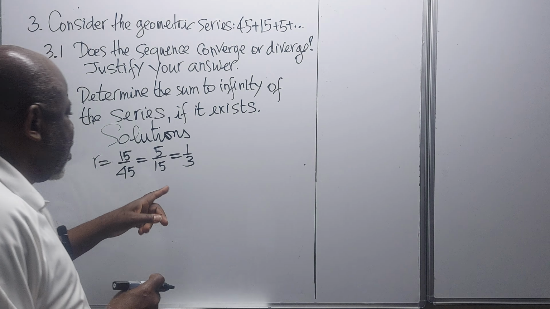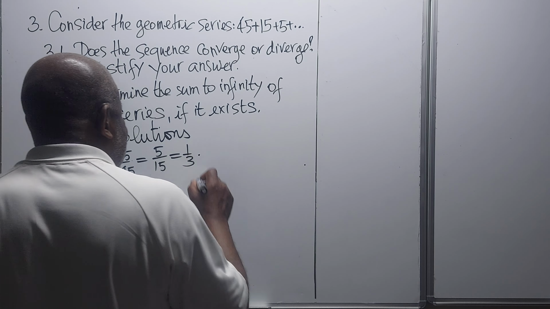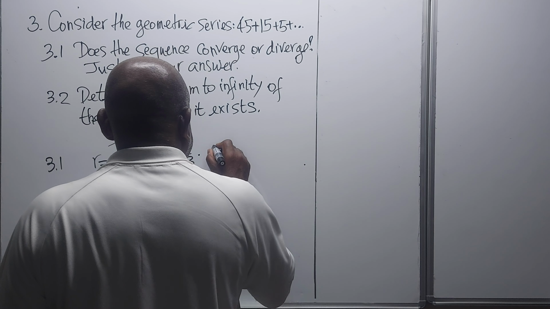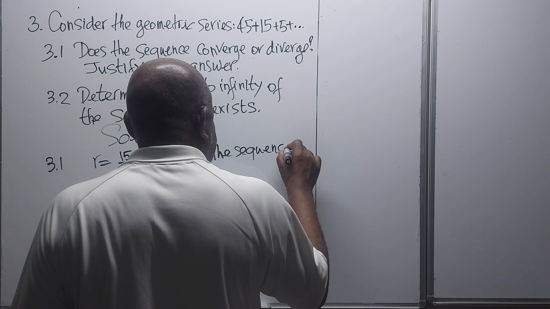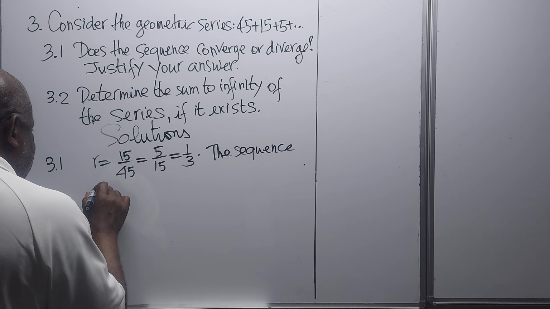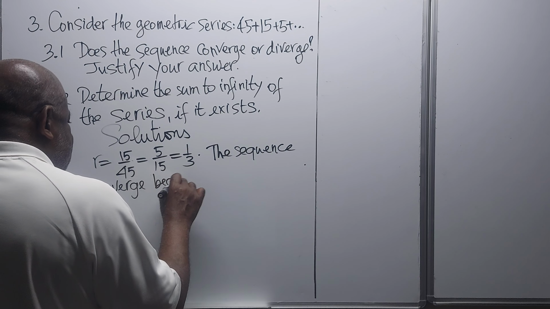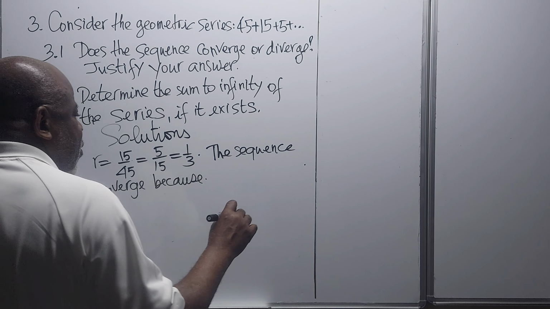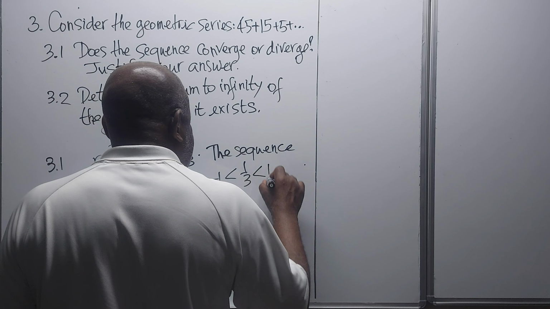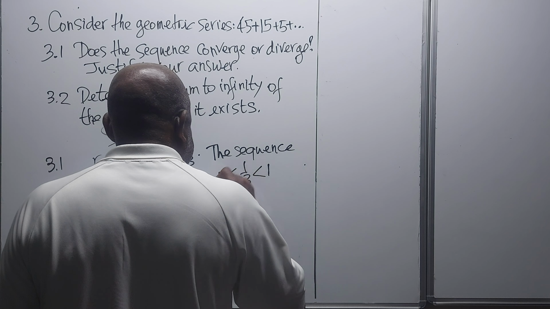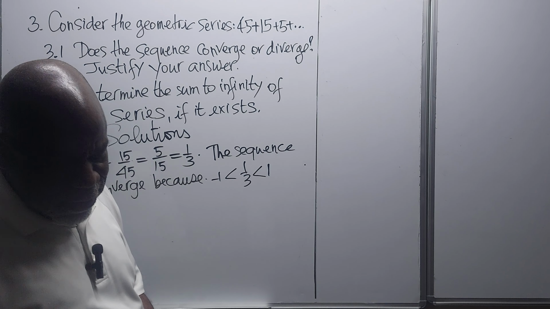As you can see here, 1/3 is between -1 and 1. So we'll say that the sequence converges because 1/3 is between -1 and 1. So this is the answer for the first question.